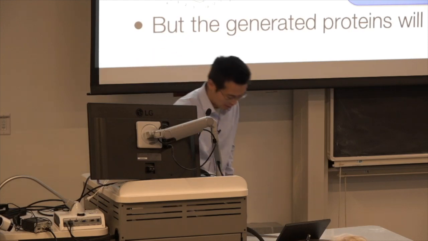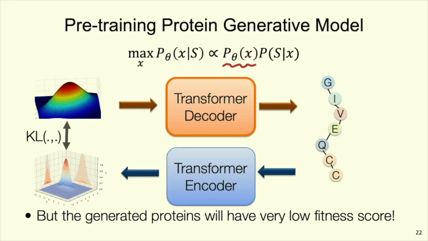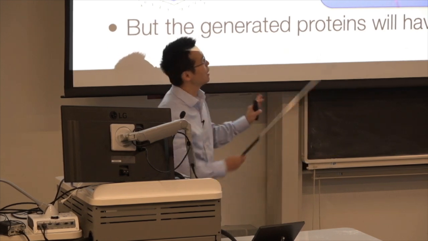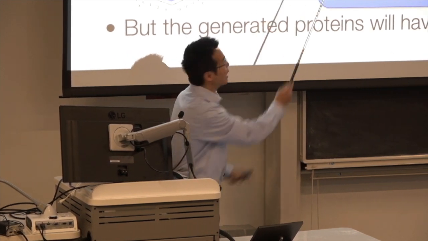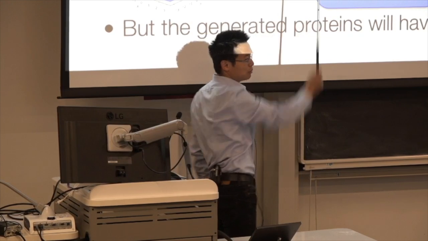And so the reason why we formulate in this way, instead of directly training a conditional model of the target protein sequence, is we have limited data for each category. For example, for green fluorescent protein, we only have a few. So it's not enough to train a direct conditional generative model.